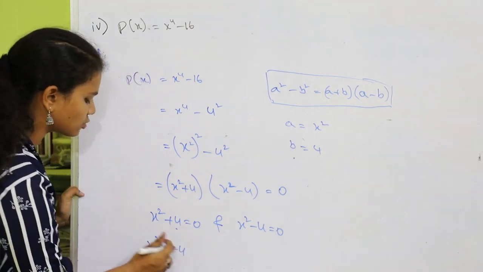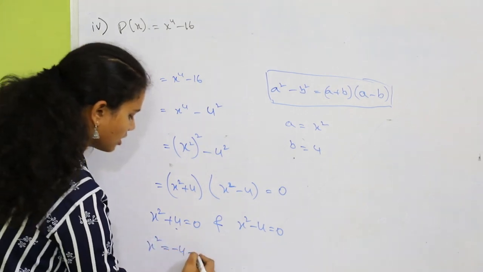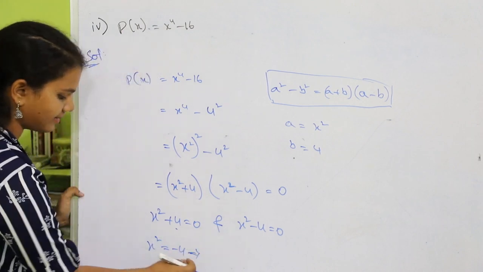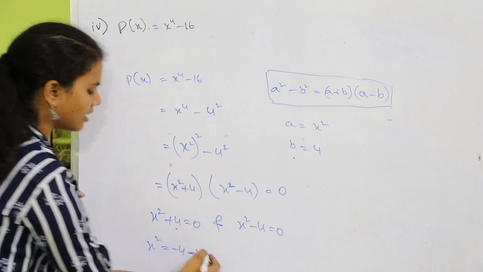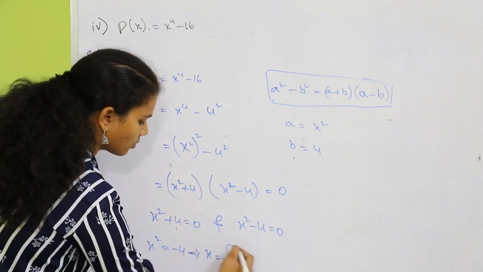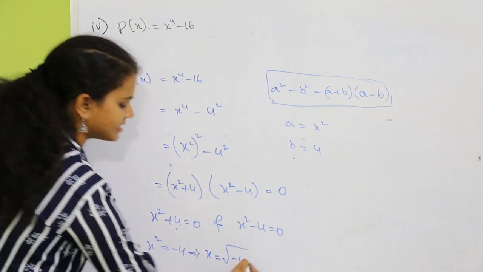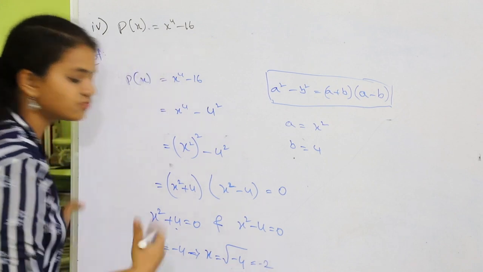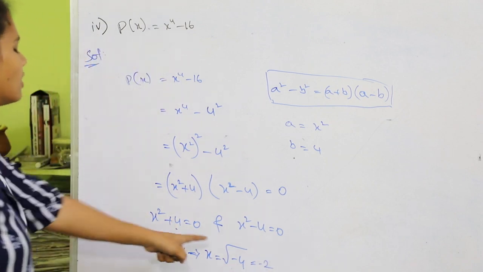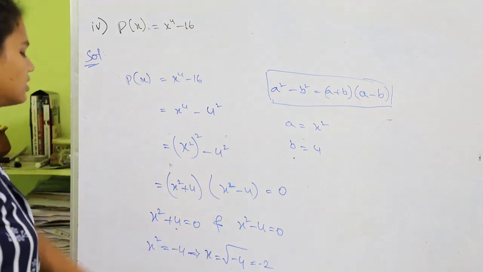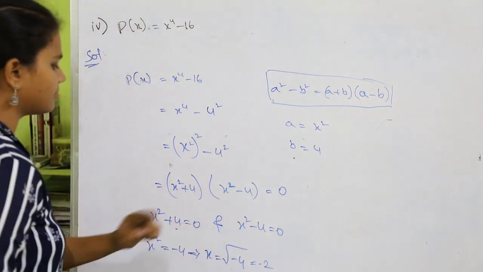Now transpose this square to the other side, this becomes root, where x equals root of minus 4, which equals minus 2, since 2 2's are 4. So root over minus 4 equals minus 2.